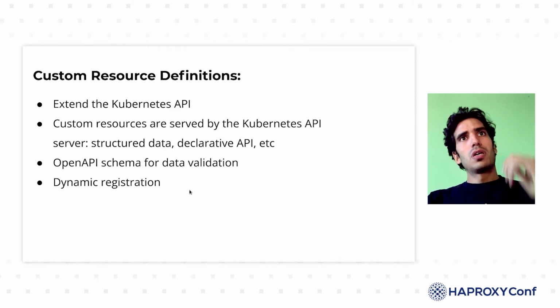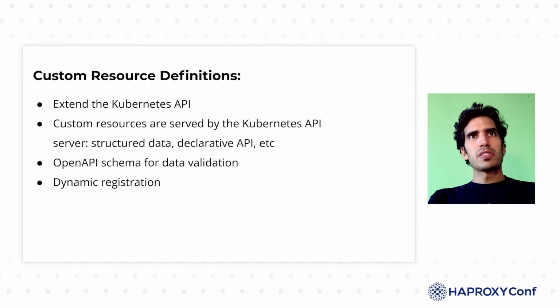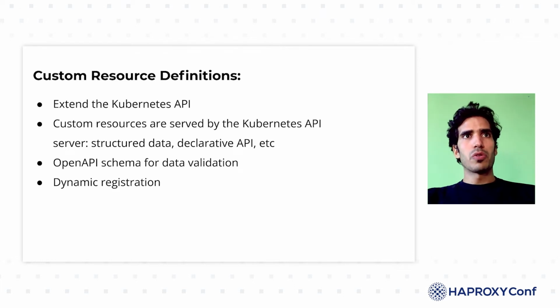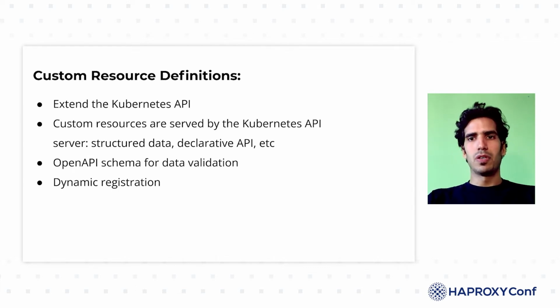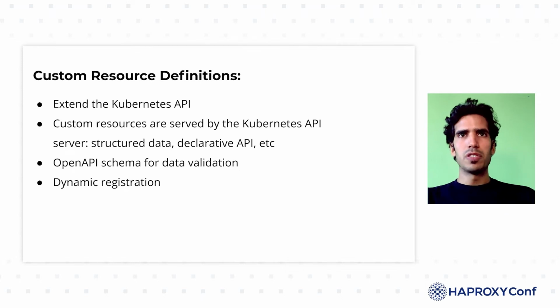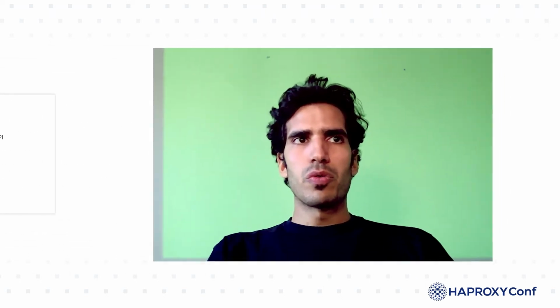So with custom resource definitions, we are going to extend the Kubernetes API. We are going to have structured data in a declarative way, like we do with built-in resources. And we are going to have an OpenAPI schema for data validation. In addition, we can register custom resources at any time when running a Kubernetes cluster.